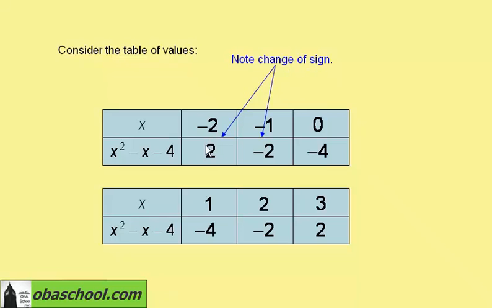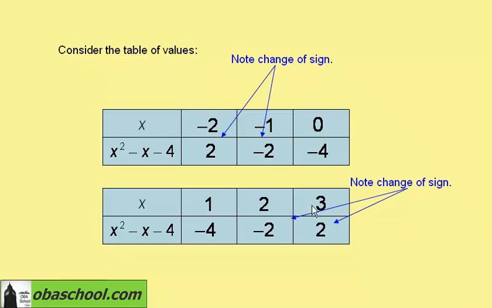The 2 indicates that the curve would be above the x-axis when x equals minus 2. The minus 2 indicates that the curve is below the x-axis when x equals minus 1. So this change of sign indicates there's a root in between, provided the curve is continuous.